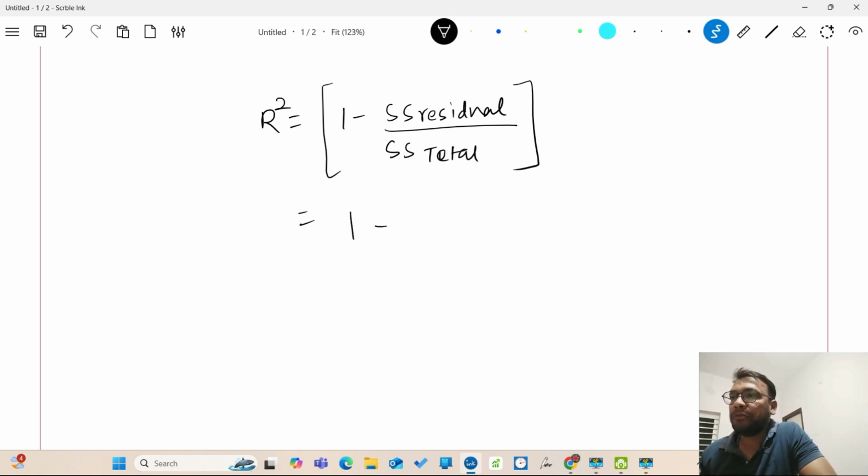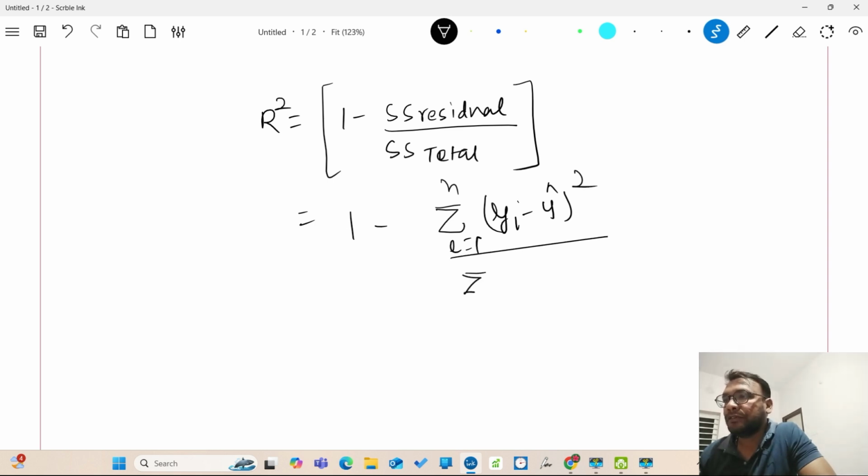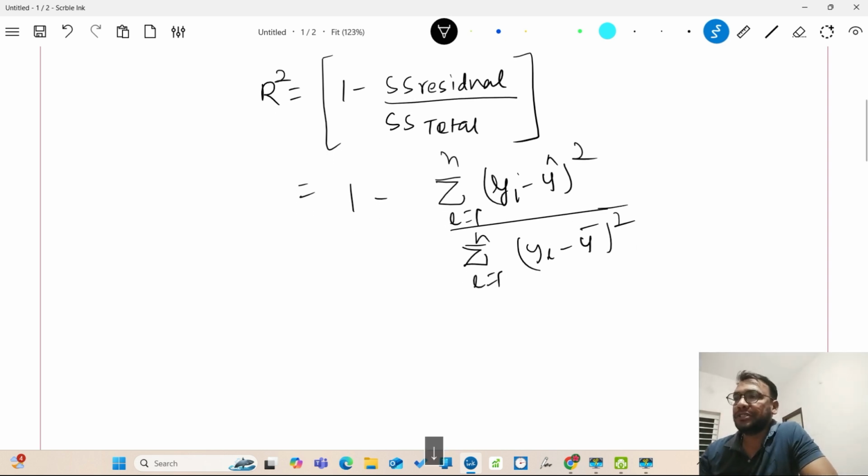So one minus summation i equal to 1 to n, y minus predicted value, squared, divided by summation i equal to 1 to n, y minus the mean model. Okay, so what is this?